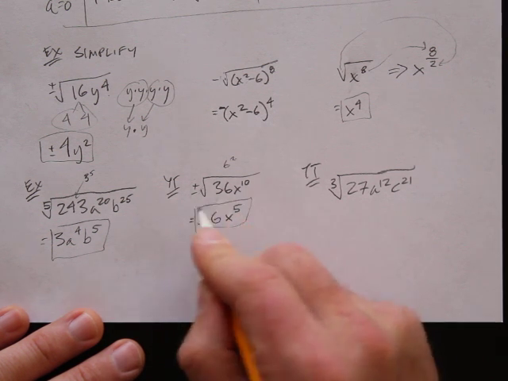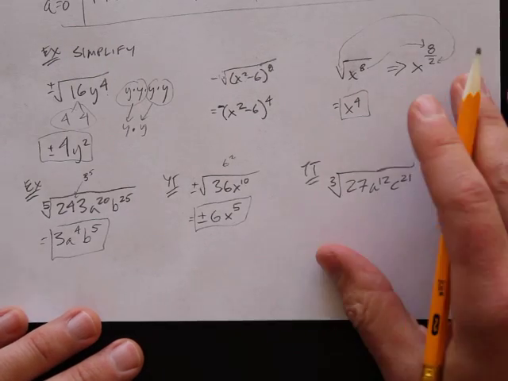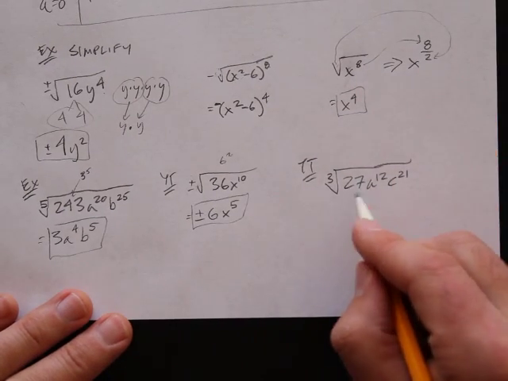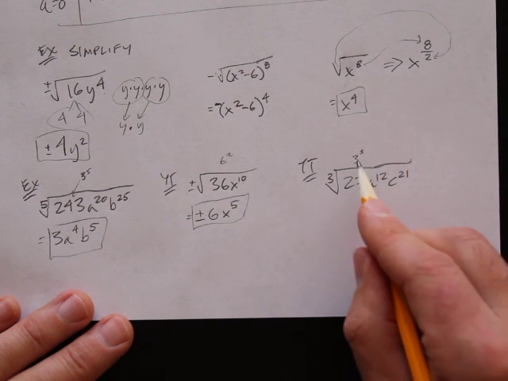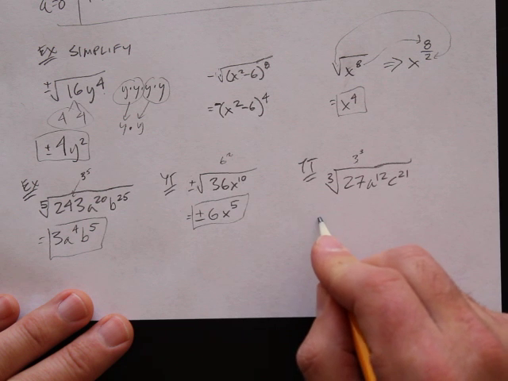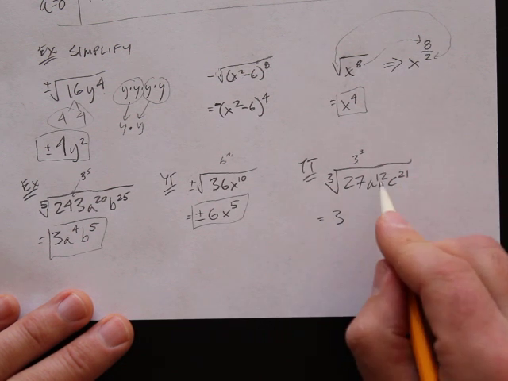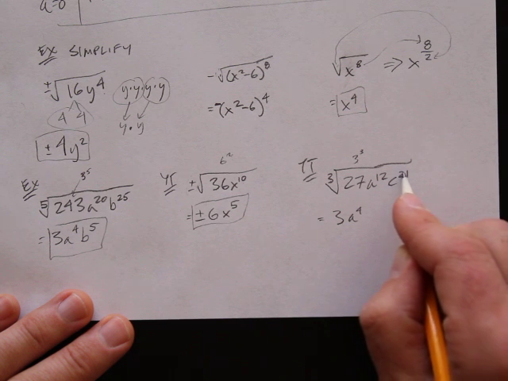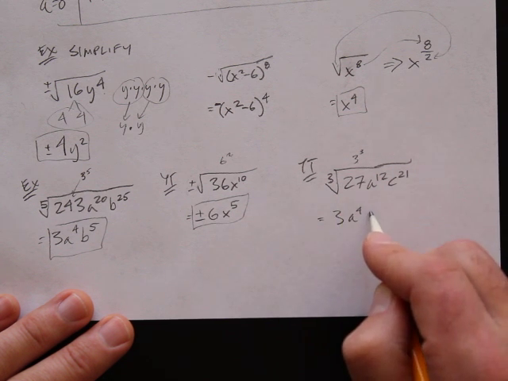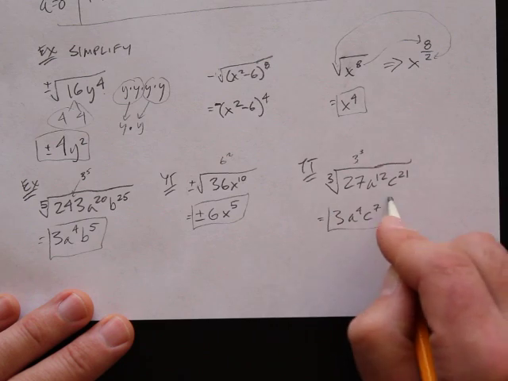Let's try this one now. 27 is 3 to the third power, so the cube root of 27 is 3. 12 divided by 3 is 4, so a to the fourth. 21 divided by 3 is 7, c to the seventh.